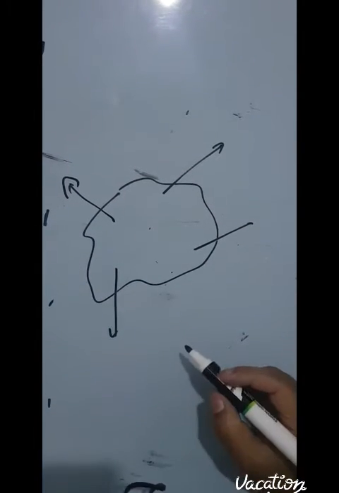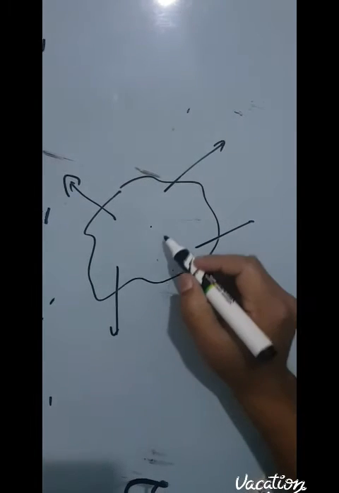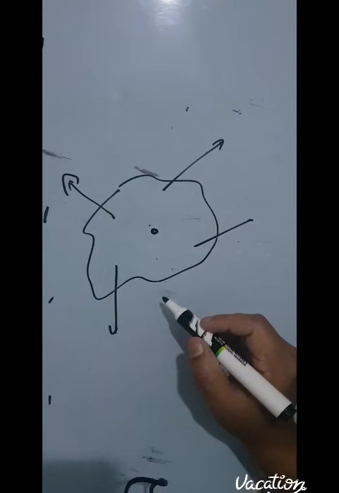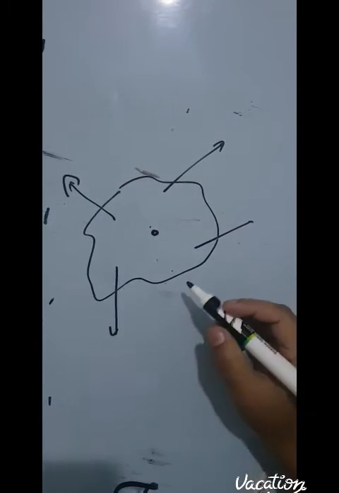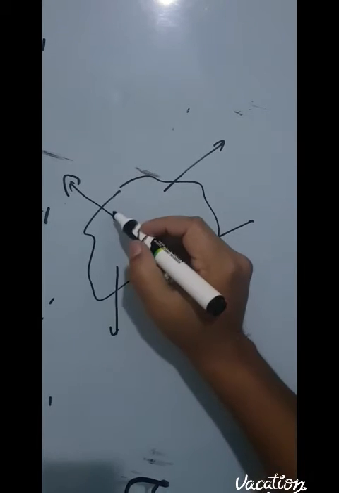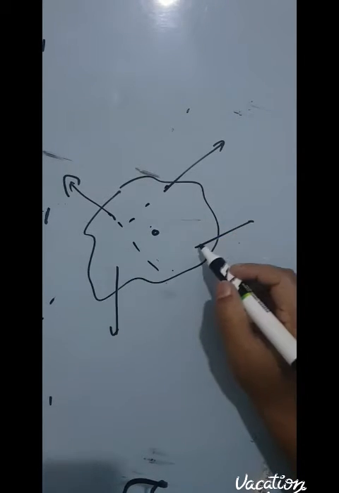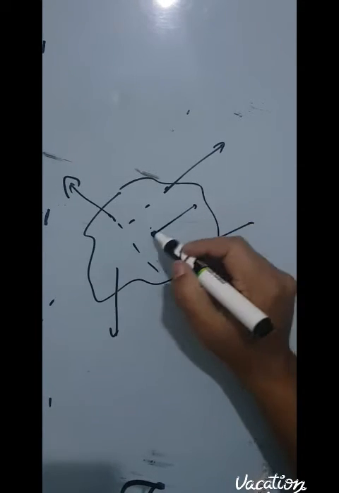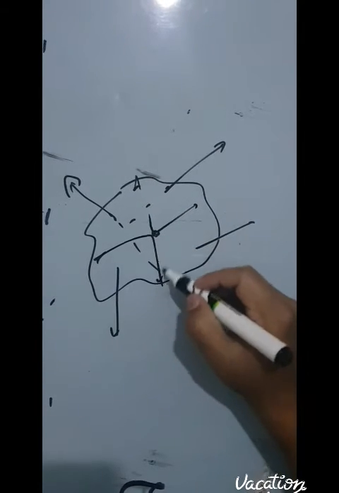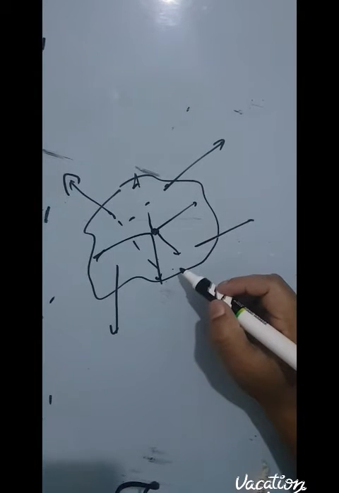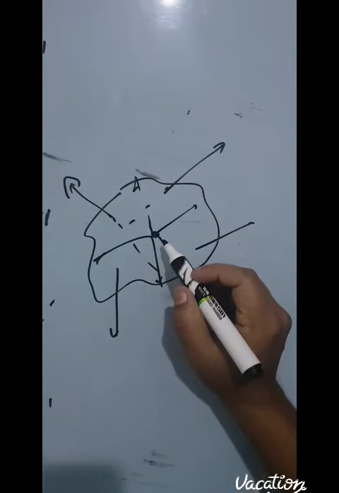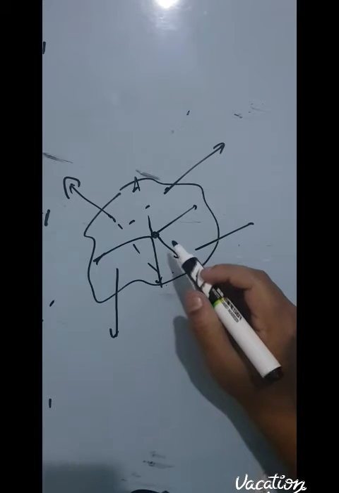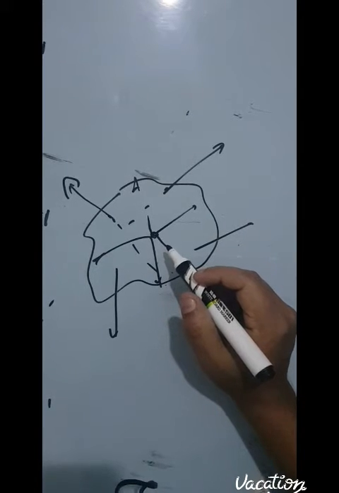So what if we can transfer all these forces to an arbitrary point, something that you select, right? If you can transfer all these forces to an arbitrary point, these forces will act at this point, and you have already learned about handling forces at a point, so it'd be easy.